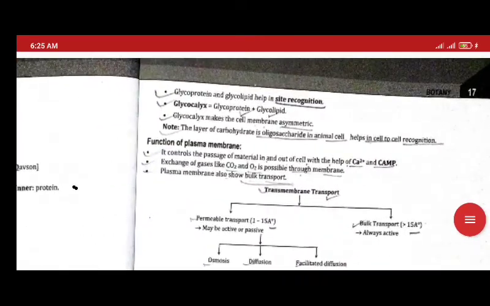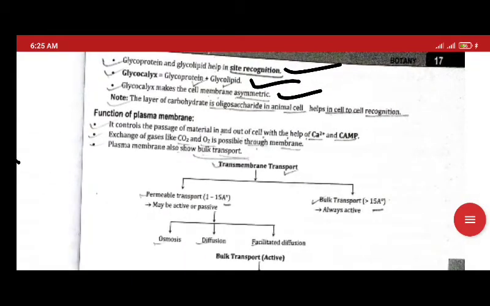Both are sites of recognition. So the glycocalyx is made of glycoproteins and glycolipids, which makes the cell membrane asymmetrical. It is a layer of carbohydrate, oligosaccharide, in animals and helps in cell recognition.